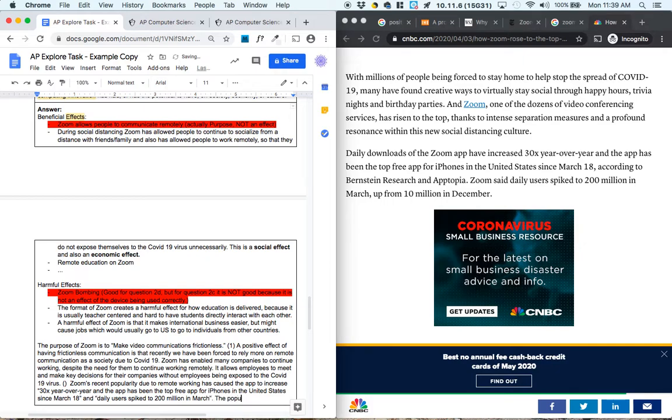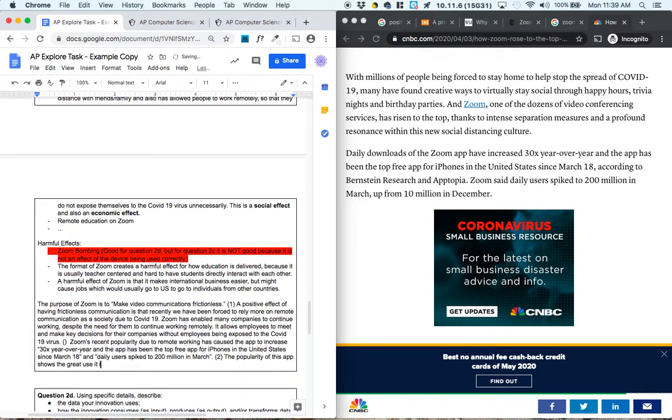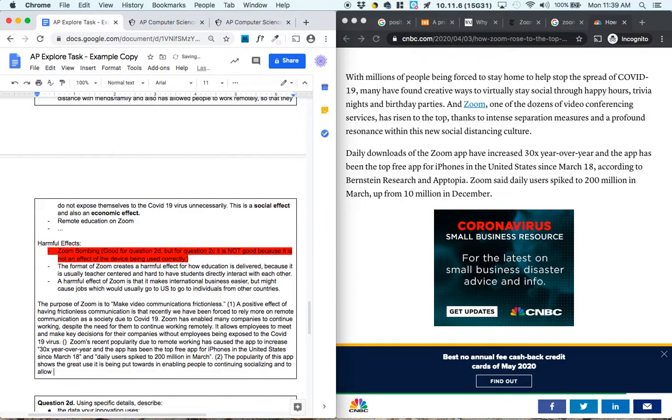The popularity of this app shows the great use it is having. And I want to cite this to be source 2, which I'll fill in a second. The popularity of this app shows the great use it is being put towards in enabling people to continue socializing and to allow businesses to remain functional in this economy.